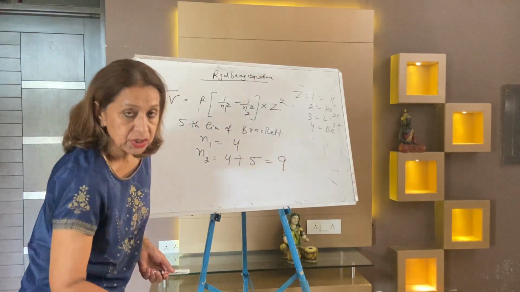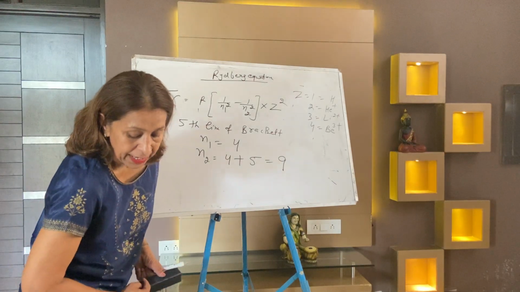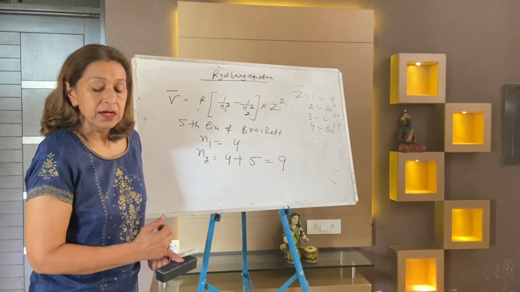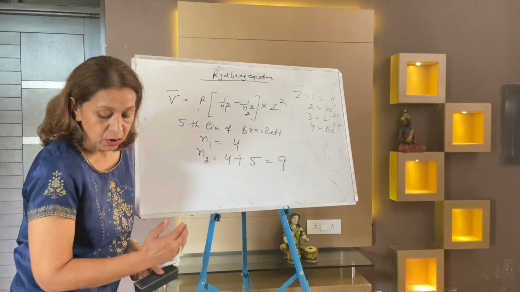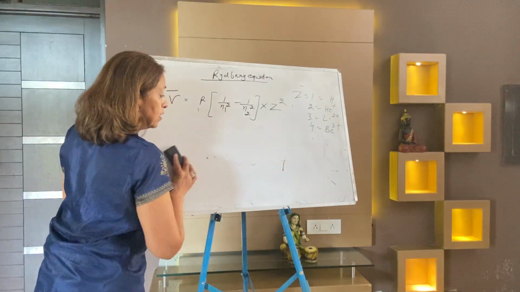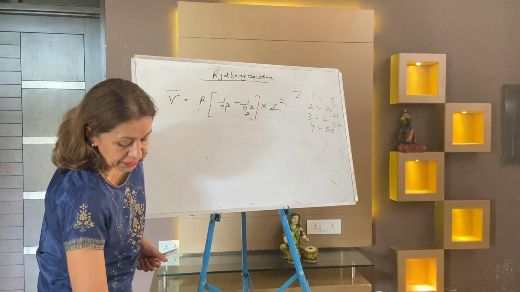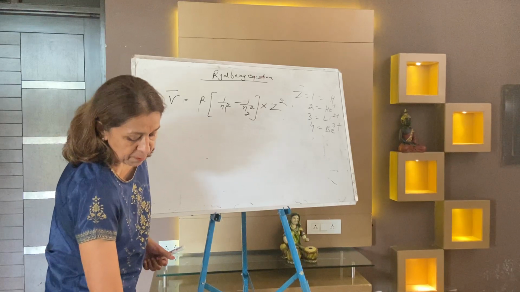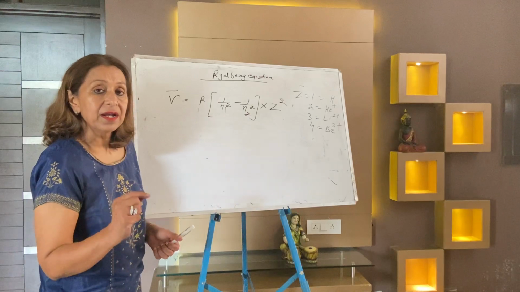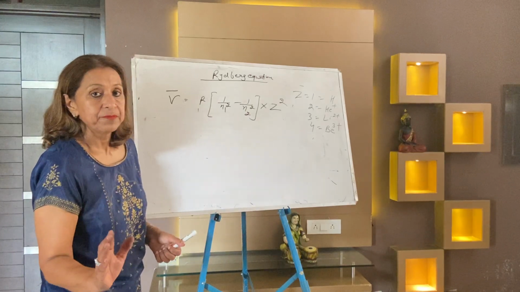Now I'm taking a few questions from the MCQ book. First question is, calculate the frequency of the last line of the Lyman series. Last line, students write last line, limiting line, and marginal line is infinity.